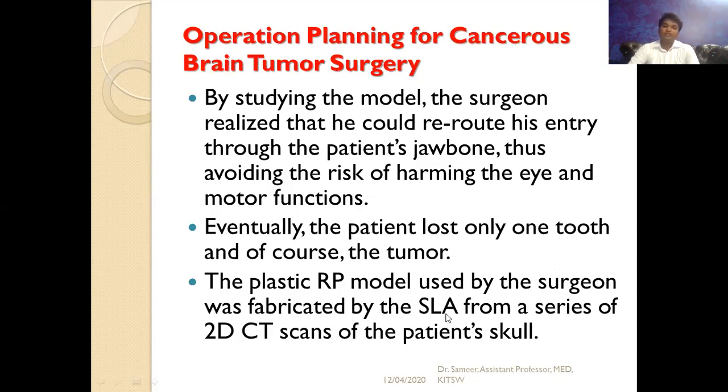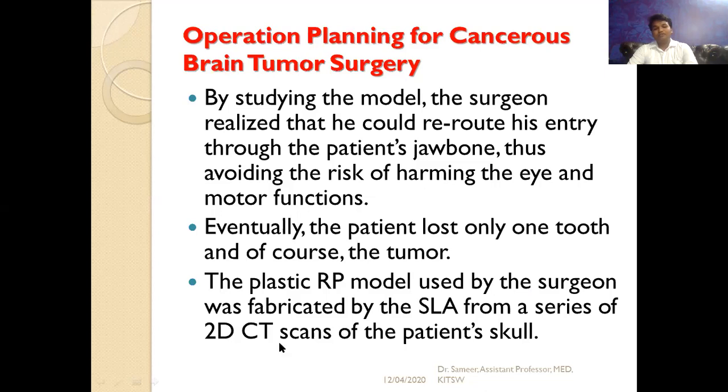This is one of the additive manufacturing methods using liquid resin. We call it the classification of liquid-based rapid prototyping, where a photopolymerization process is used to cure the liquid resin into a solid when it is exposed to high-intensity lasers.